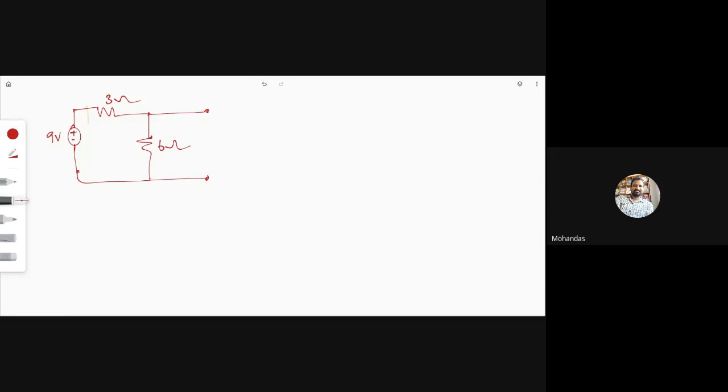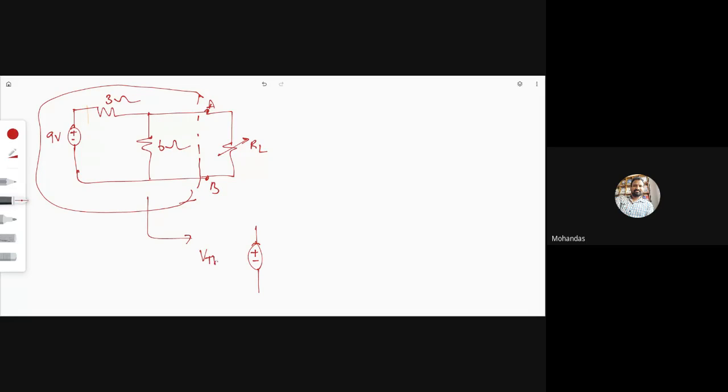These are the pair of terminals, and this is a load resistance RL. Now this entire circuit across AB terminals is replaced by whom? V Thevenin in series with R Thevenin across AB terminals.